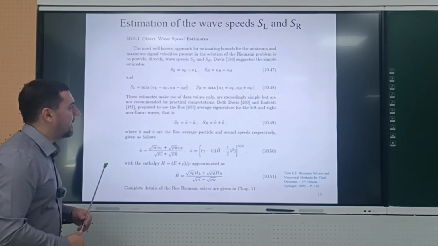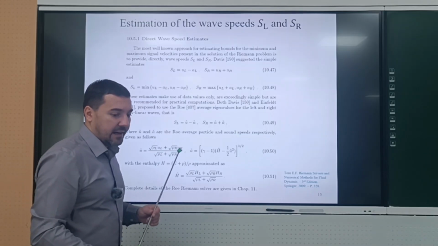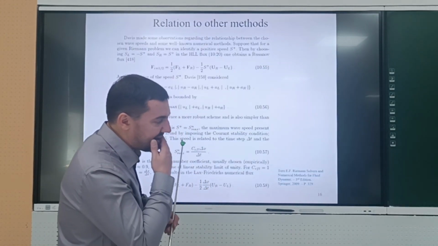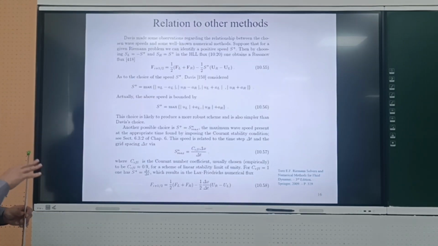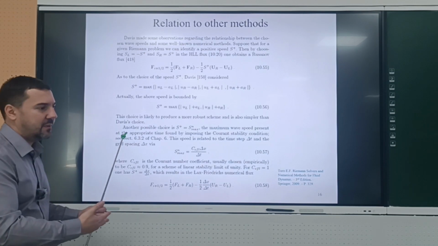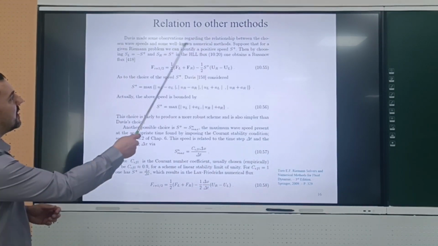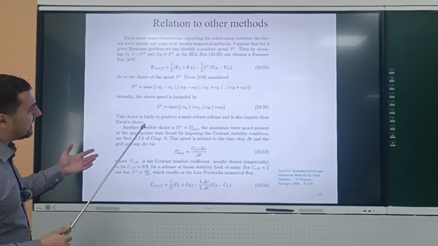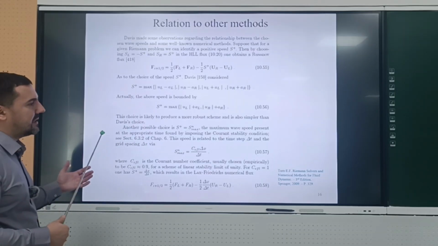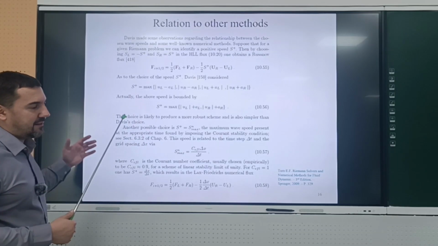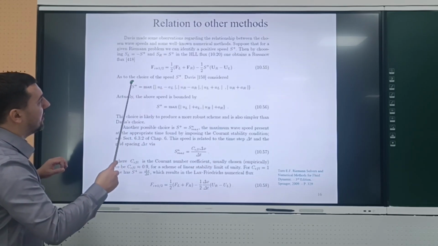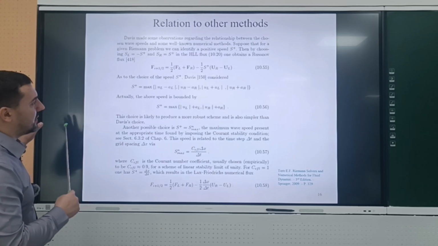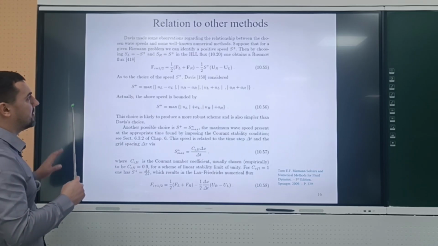And that's the idea. The next important part, I think one of the most important parts of the course, is when you try to establish the relationship between different parts of the course, the relation to other methods. It turns out that this HLL method can be interpreted as this formula I have shown to you, corresponding to the Courant-Isaacson-Rees generalization for nonlinear schemes.